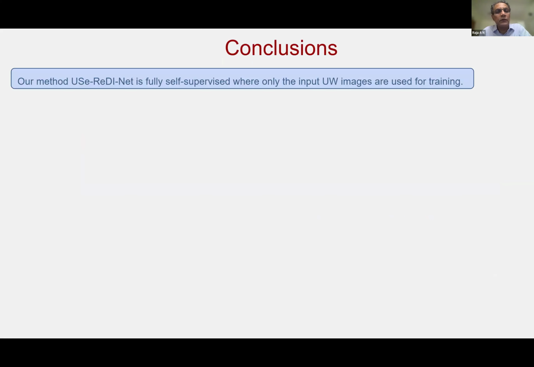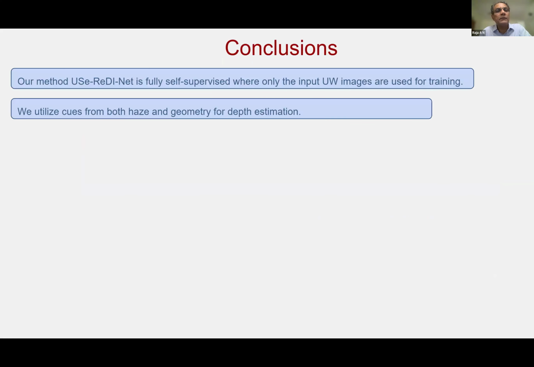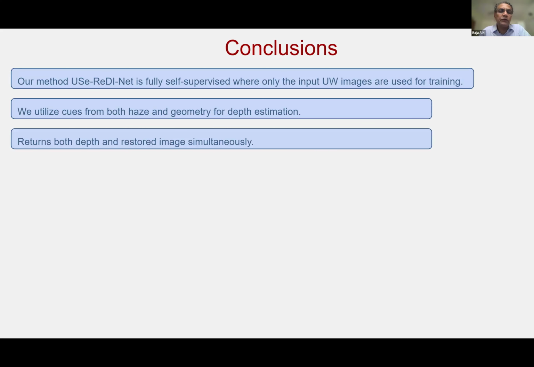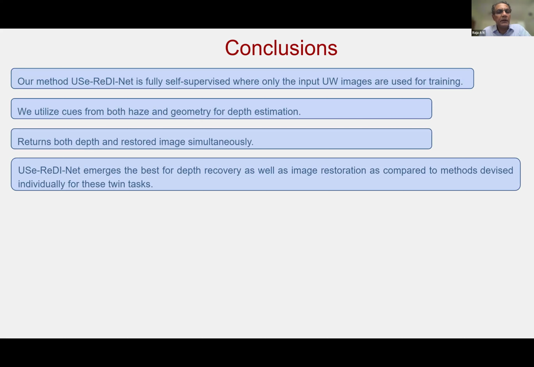So to conclude, I just talked about a recent work of ours, which is completely self-supervised, which uses only input underwater images for training, exploits cues both from haze and geometry for depth, and returns both depth and, hopefully, a clean image simultaneously.